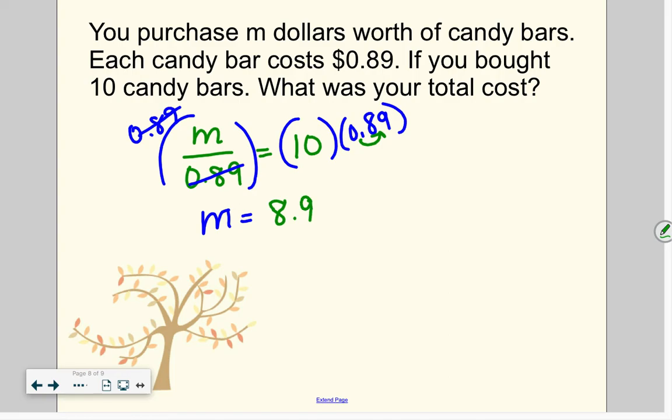Can I leave my answer as 8.9 or 8 9/10? What did the question ask us to solve for? What was your total cost? So how much money is this? $8.90. I need to add my dollar sign and put a 0 where the pennies are at. So you spent $8.90 on candy.